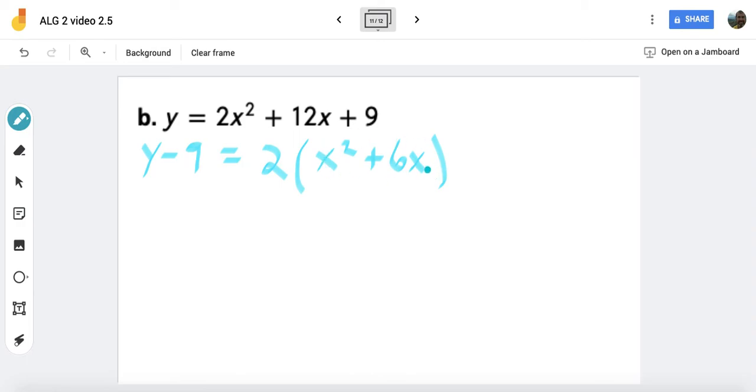Then I want to make this into a perfect square, so half of 6 is 3, and 3 squared is 9. So I'm going to be adding 9 to this, and that's going to create x plus 3 squared.